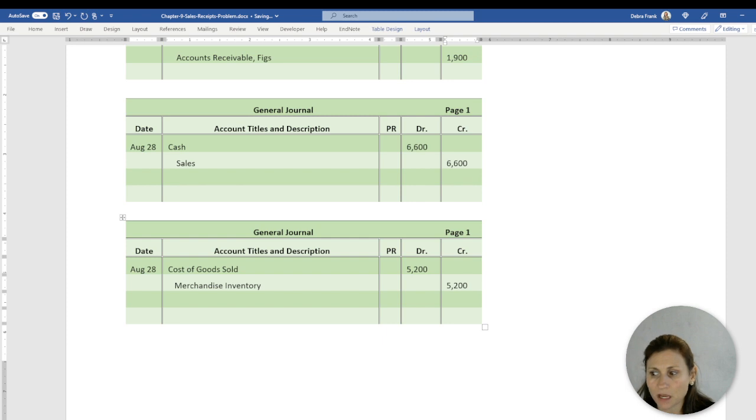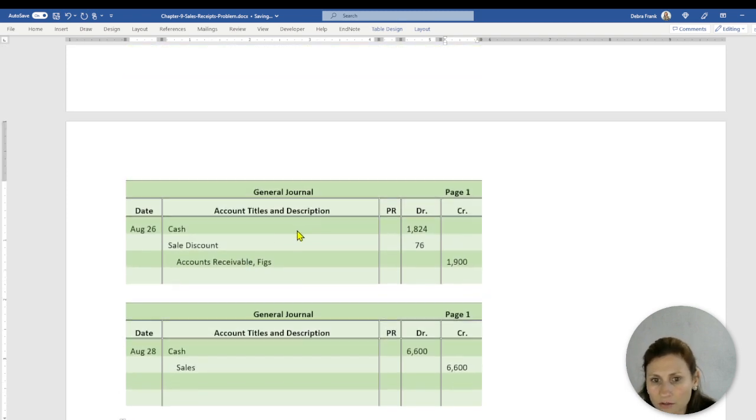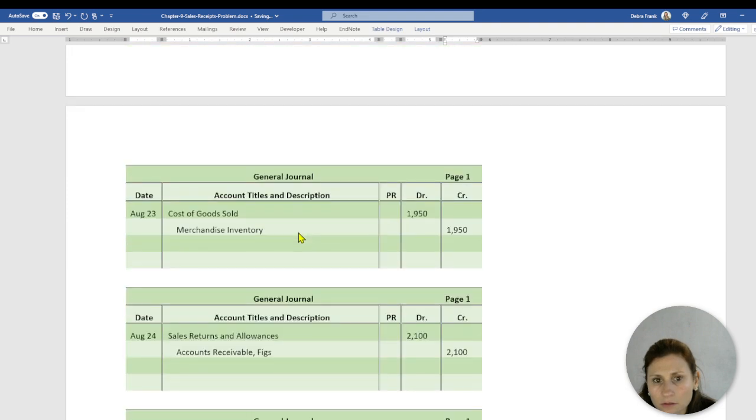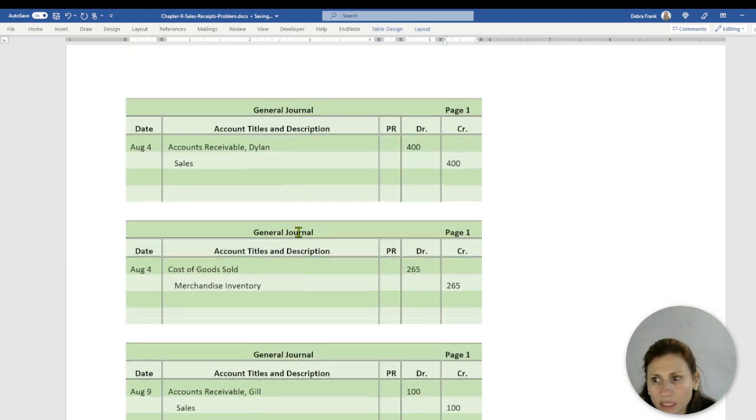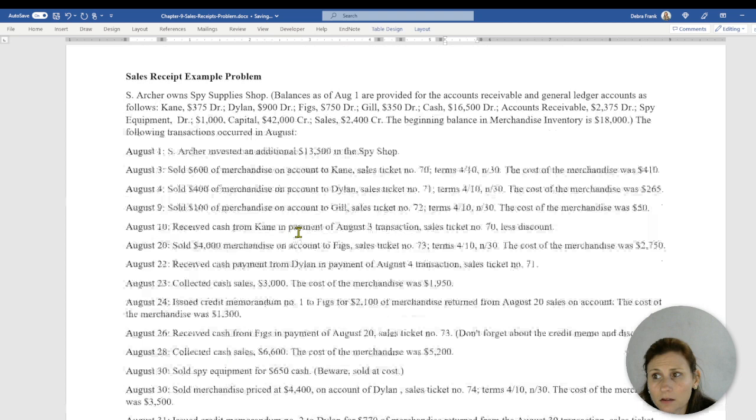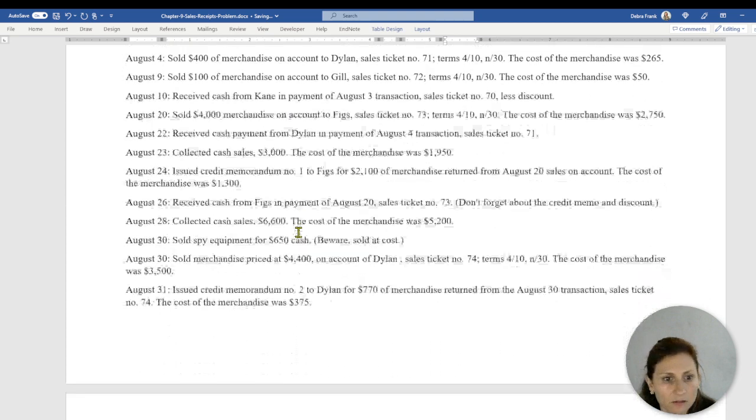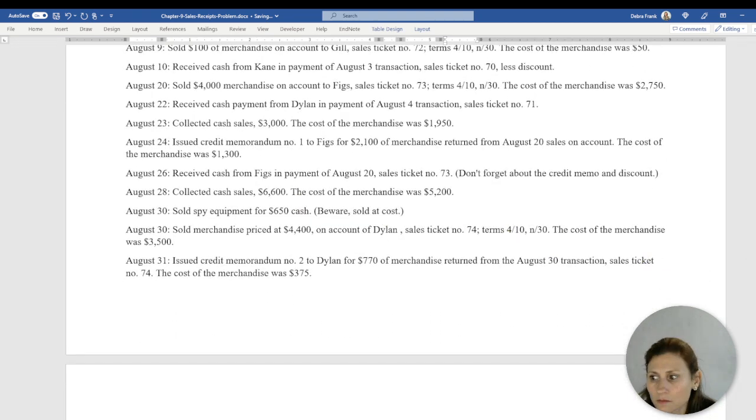Perfect. Almost done. I think we have August 30th now. All right, August 30th. Sold spy equipment. They were just checking to make sure we're paying attention here.